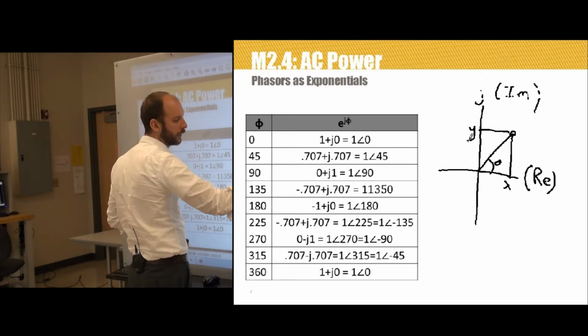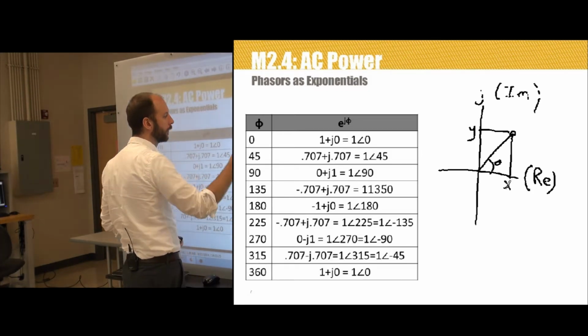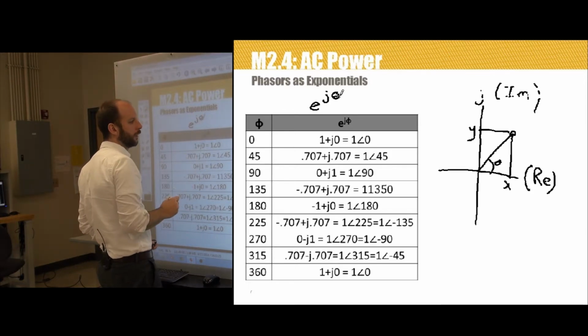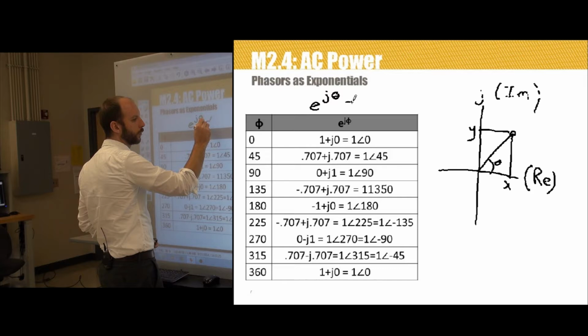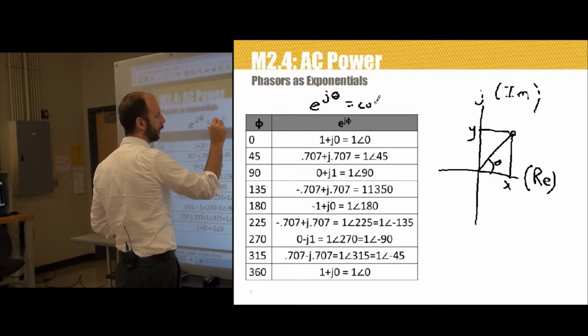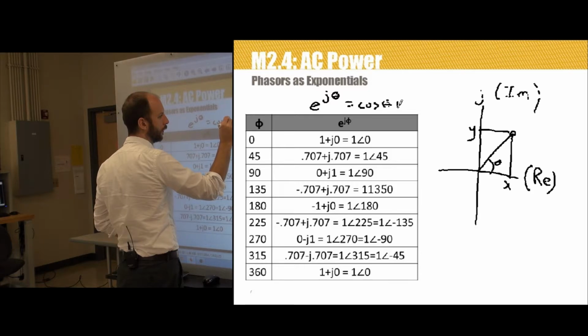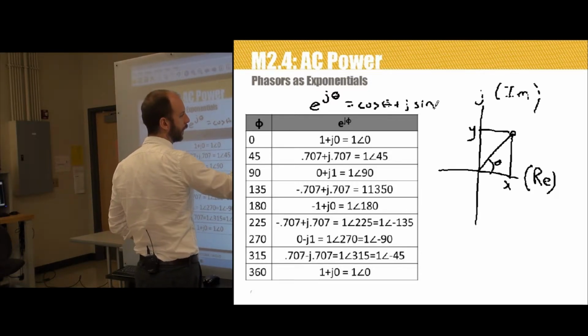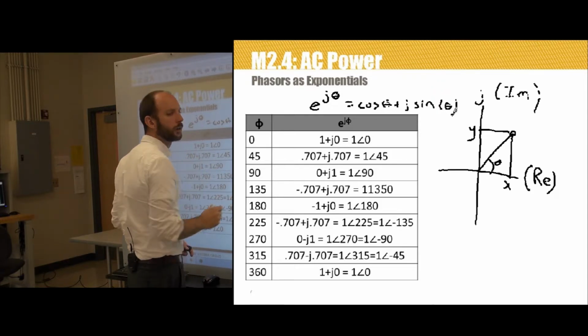We know that that's the sine. We know that that's the cosine. So we end up with e to the j theta is going to be equal to cosine theta plus j sine of theta.